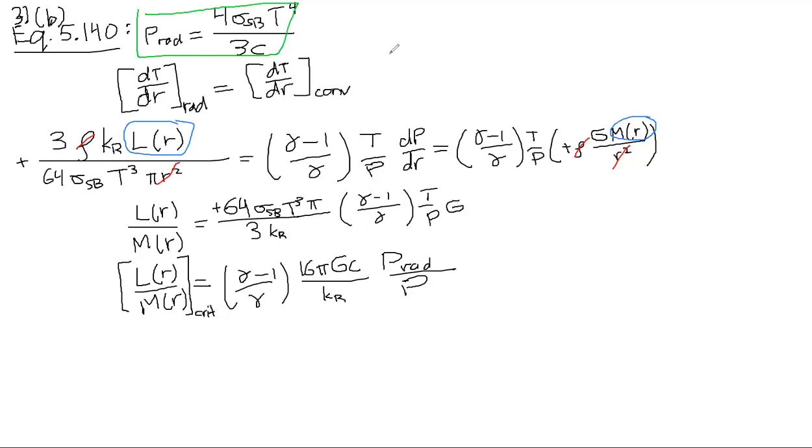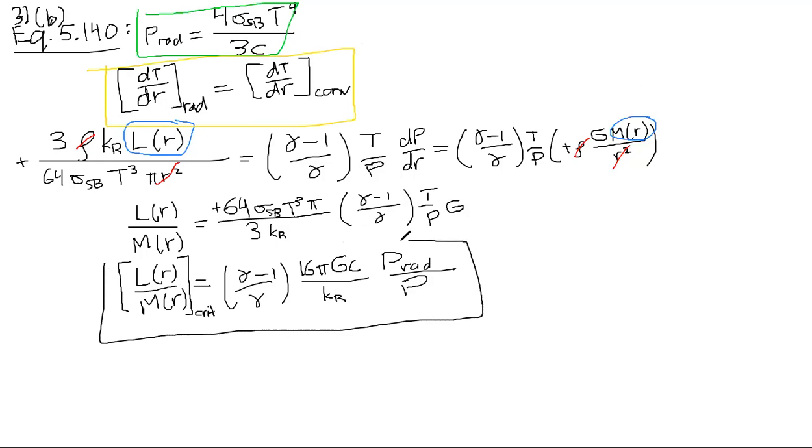And again, the reason why it's critical is because we dictated that the radiative temperature gradient would be equal to the convective temperature gradient. It's kind of fun having a lot of different colors. Okay, and that concludes part B.